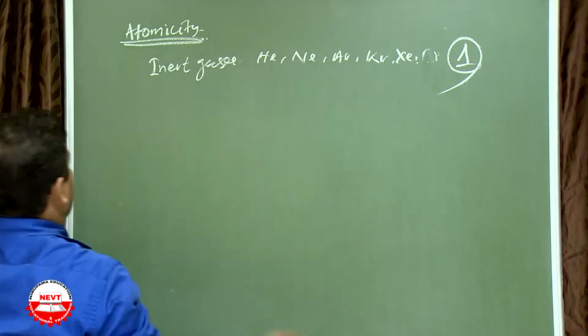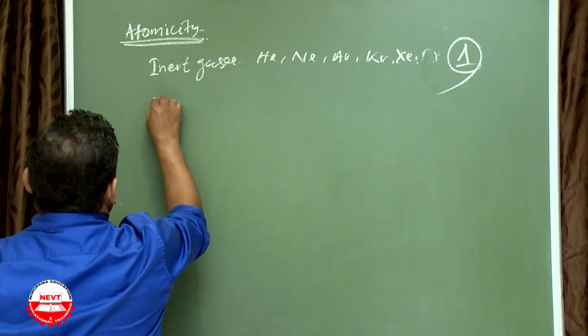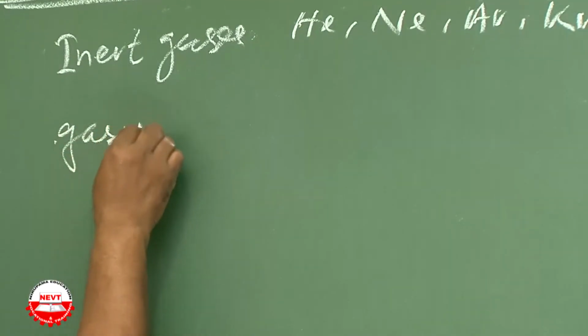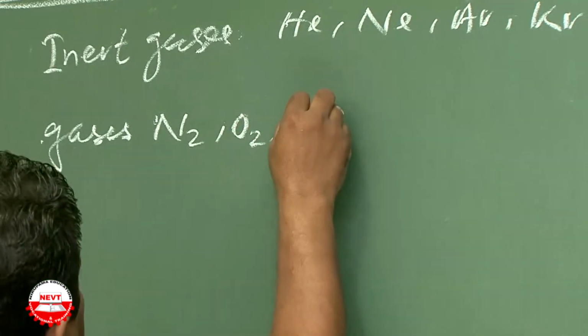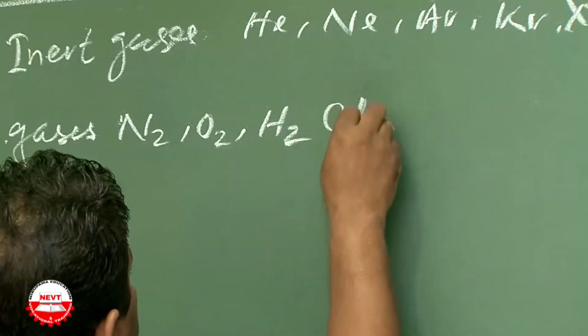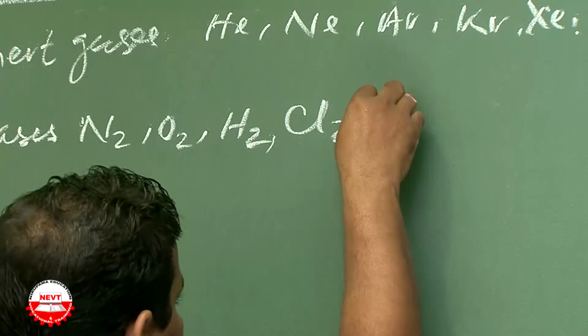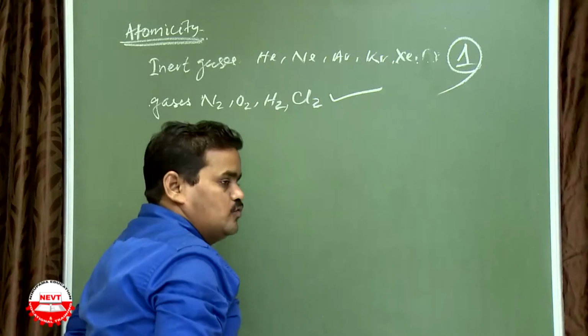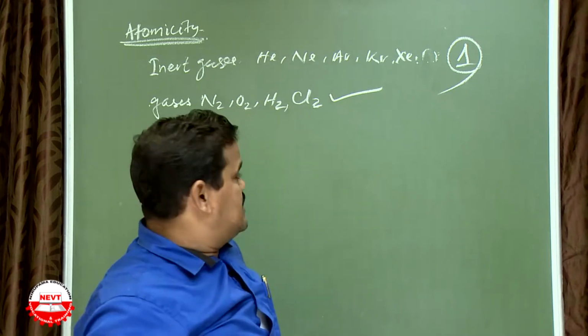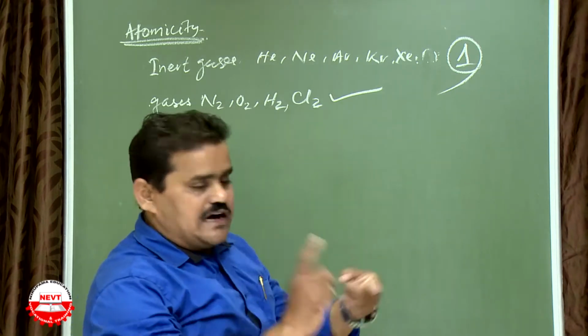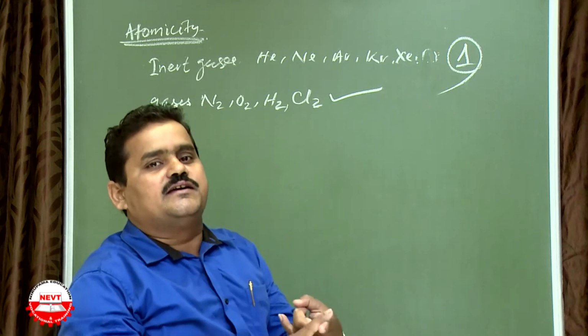Okay? Then the atomicity of reacting gases mainly, like nitrogen, oxygen, hydrogen, chlorine, is 2, because in all these gases, 2 atoms combine to form a molecule.